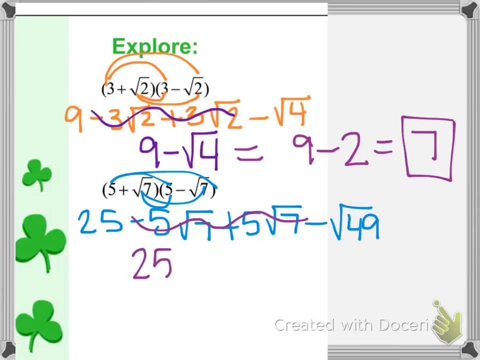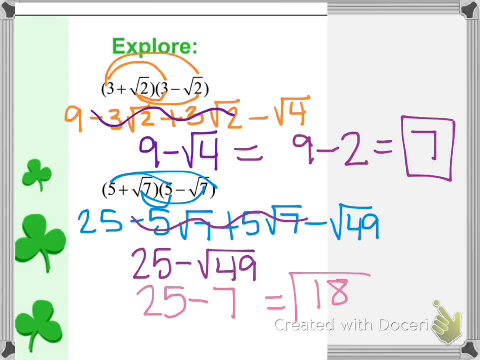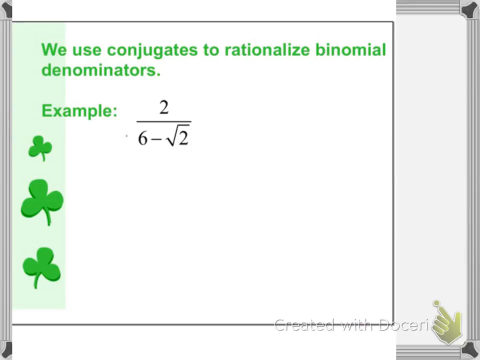Leaves me with 25 minus the square root of 49. 25 isn't in a square root, so I don't have to worry about it. It's still just 25, but 49 is in the square root. Comes out perfectly as a 7, leaving me with 18. Again, successfully got rid of all of the square roots, which is what I want to be able to do to this one from the bottom.